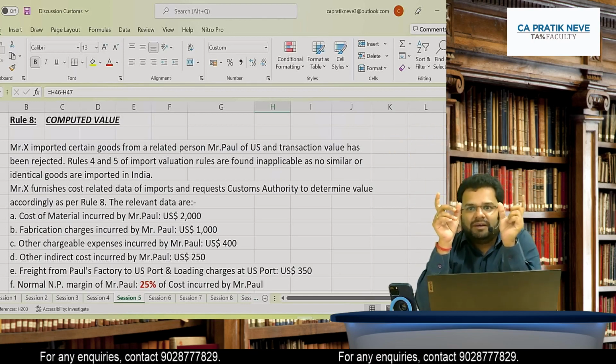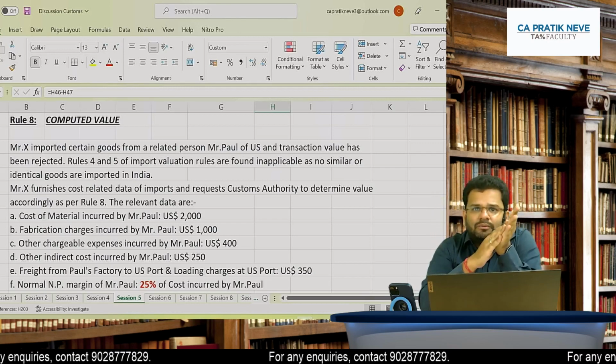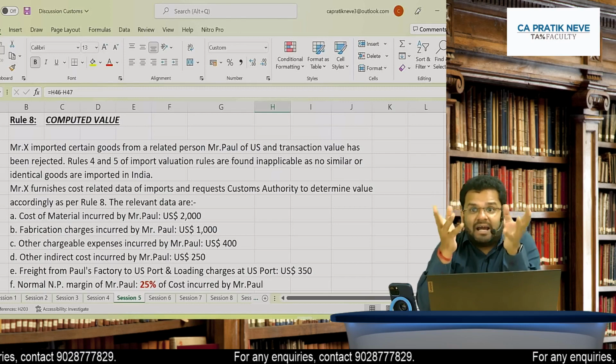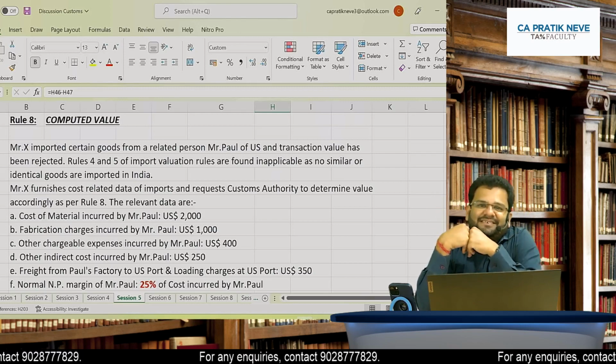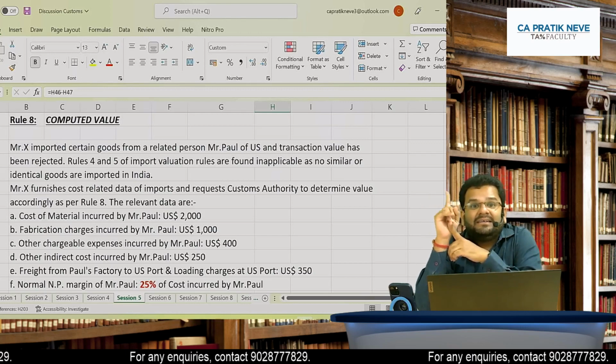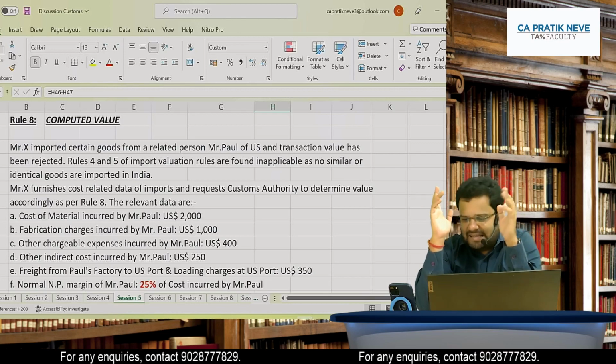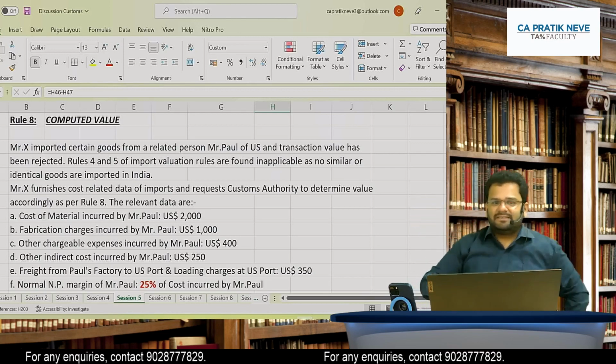Mind you, even if you remember one sentence, you will understand it. In deductive value, it is the purchaser's ideal purchase price. In computed value, it is the seller's ideal selling price. Agreed? Write this sentence somewhere.